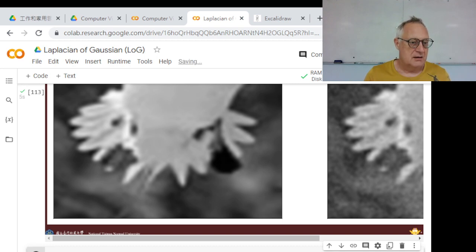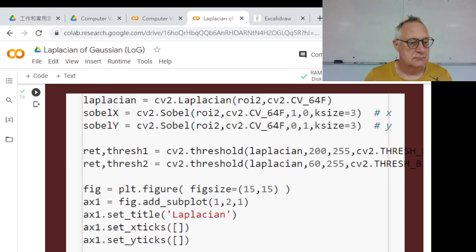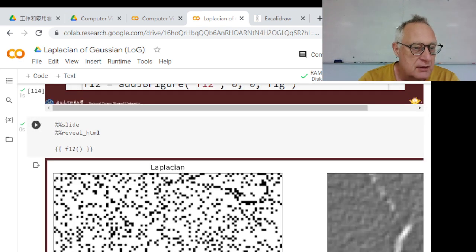Now we can calculate the response of the Laplacian operator and the Sobel operators in the x and y direction. I can change it to 3 again here. And then I threshold the images. And then we can have a look at the response of the Laplacian operator.